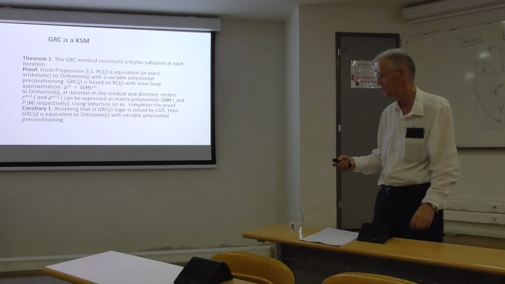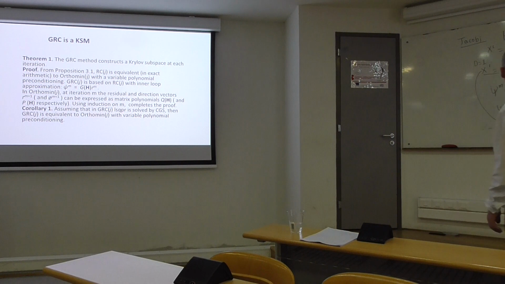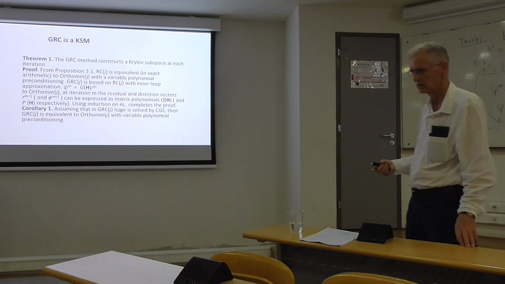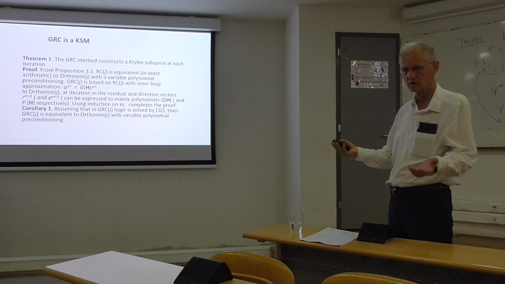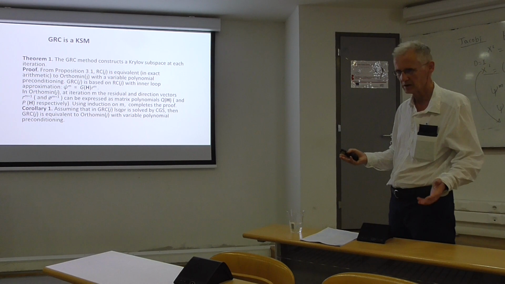For example, if instead of this Jacobi here, we used other static methods like Gauss-Seidel, that would not be the case. There would not be a Krylov subspace.